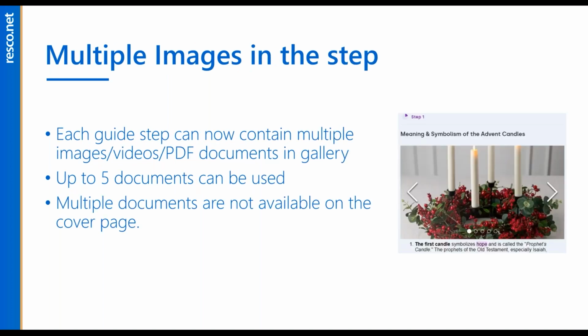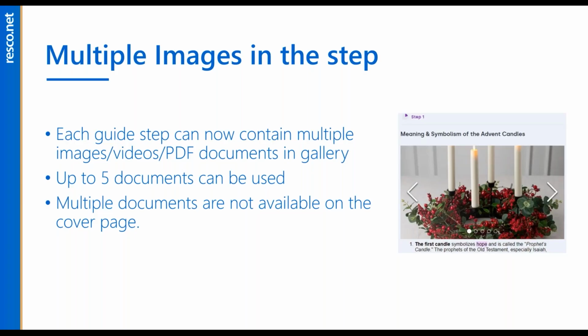Multiple images. Yes, in the first version of our guides, we had only one image per step. It was not enough, and we realized that if the step is describing a more complex process, then it's needed to have a couple more pictures as a part of one step.